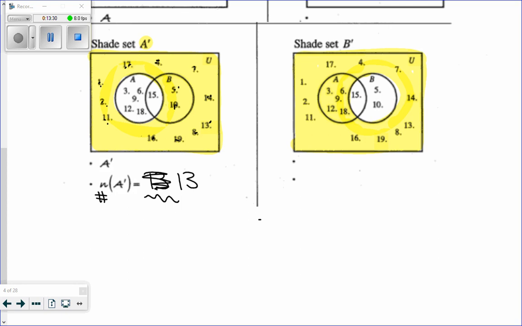Visually, this should make sense to you. If we're looking for the number of elements not in B, it should be 17. 1, 2, 3, 4, 5, 6, 7, 8, 9, 10, 11, 12, 13, 14, 15, 16. Oh, 16. Yes, that's right, 16.